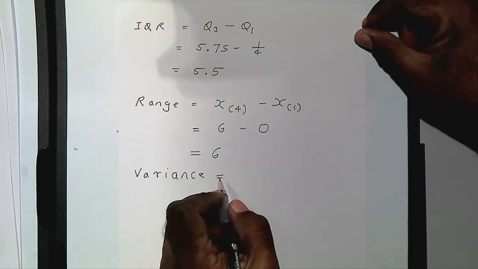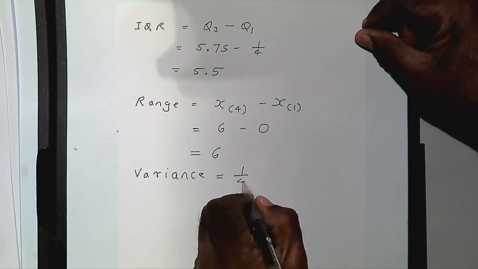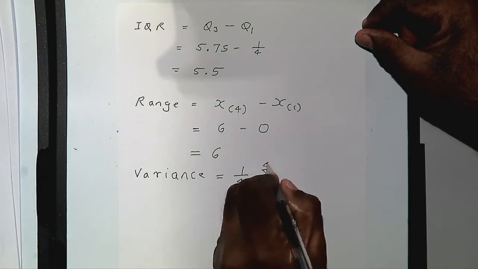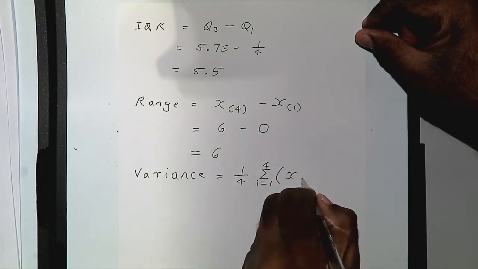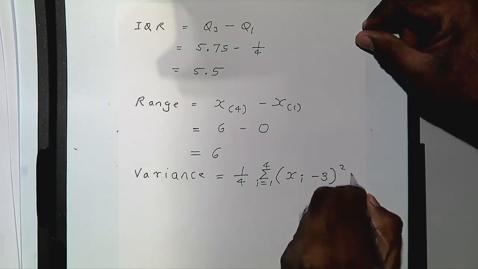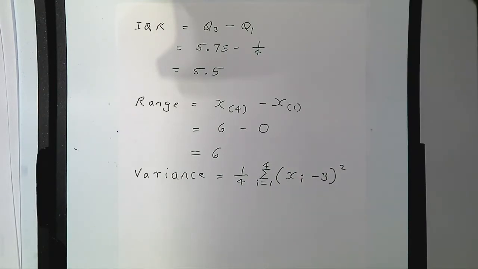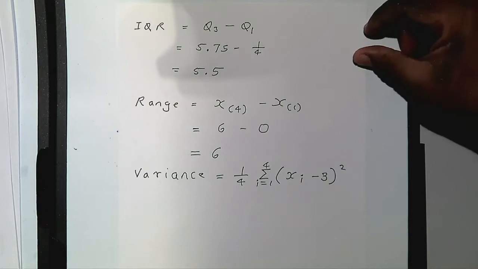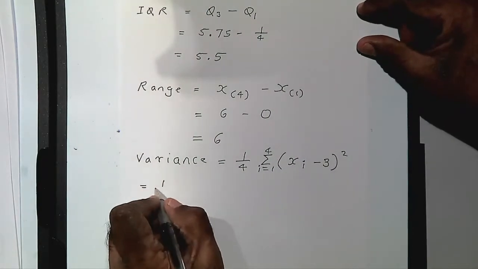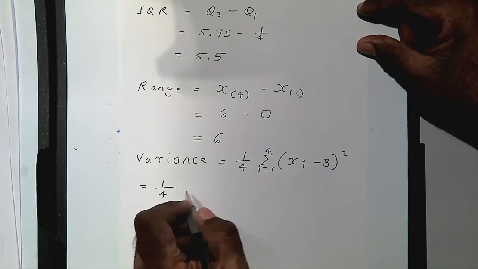And the variance is 1 over n, which is 4, times the sum from 1 to 4 of xi minus x bar. X bar we already worked out is 3. This is the variance, right? If you have a calculator, you can do this. So this will be 1 over 4.